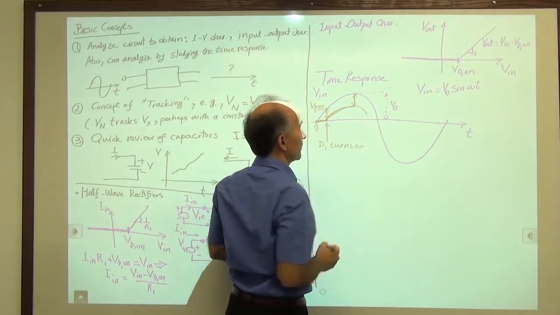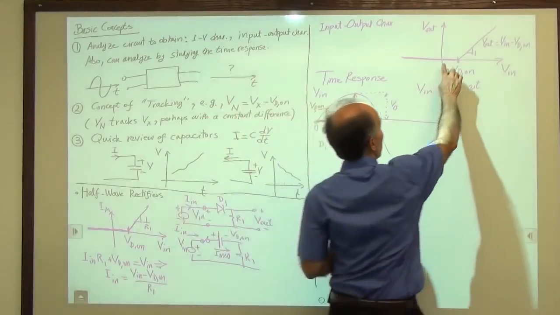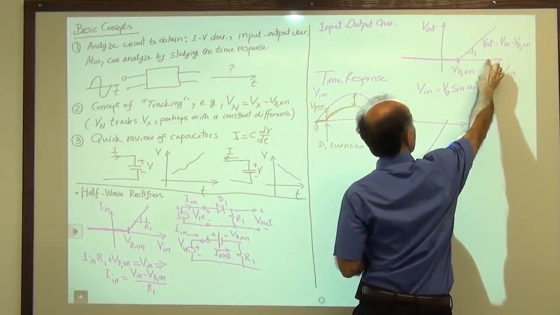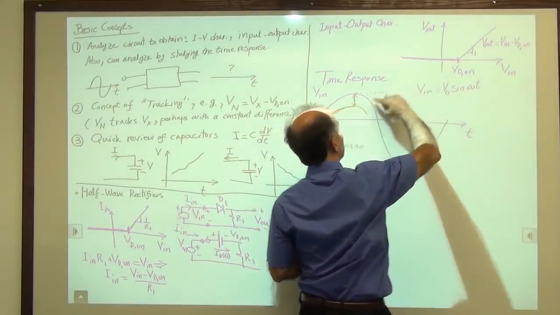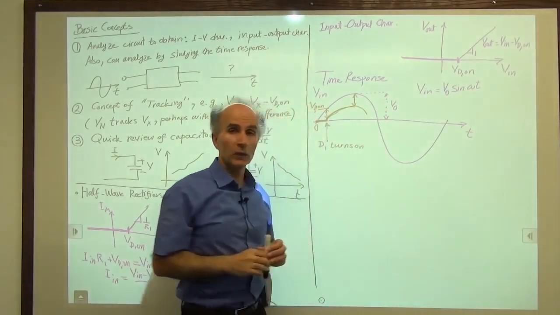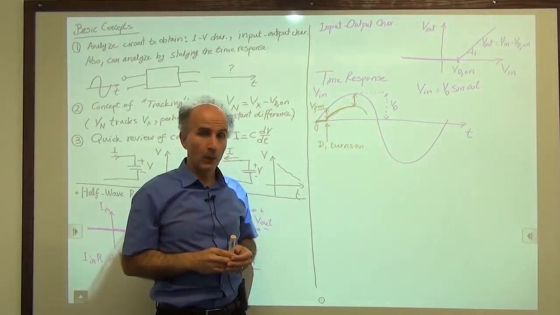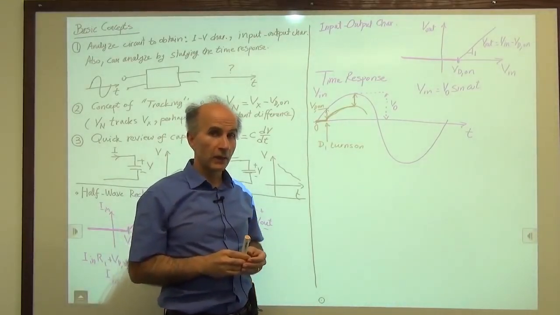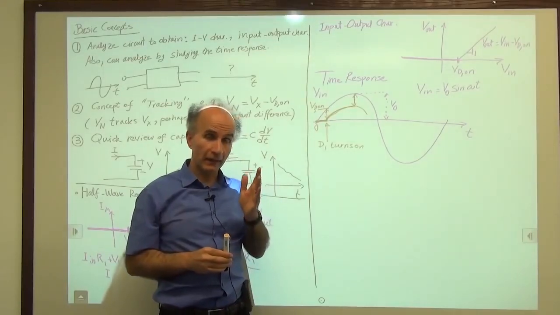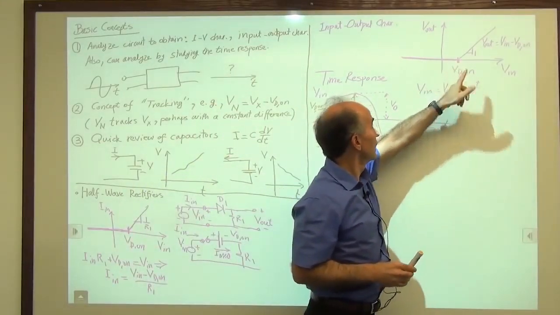Coming back down means that the input keeps decreasing. So the input went up here, and now it's coming back towards 0. So at what point does the diode turn off? Well, the input voltage has to be at least VD on for the diode to be on.